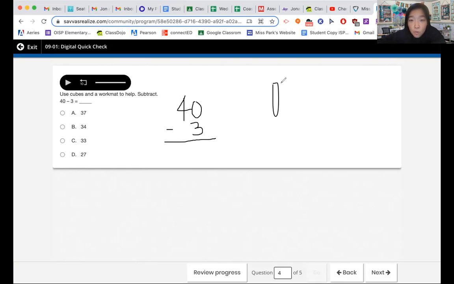Very good. 1, 2, 3, 4. And then how many ones do you have in the number 40? 0 ones.